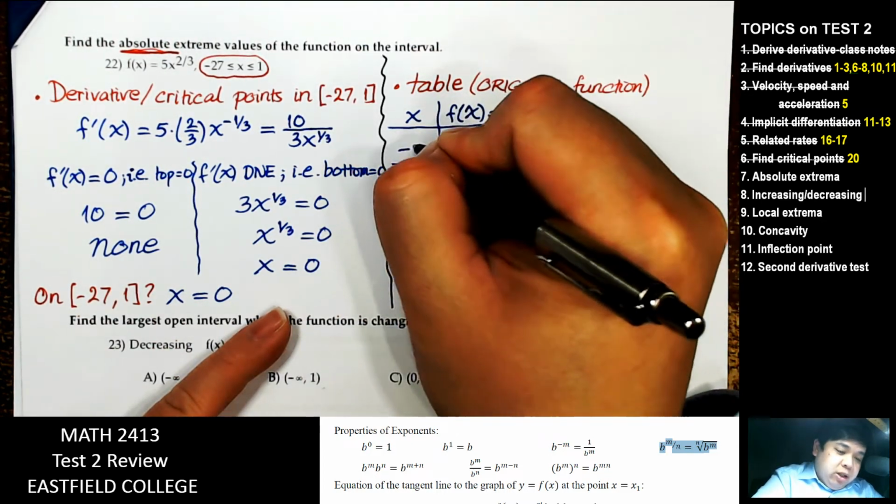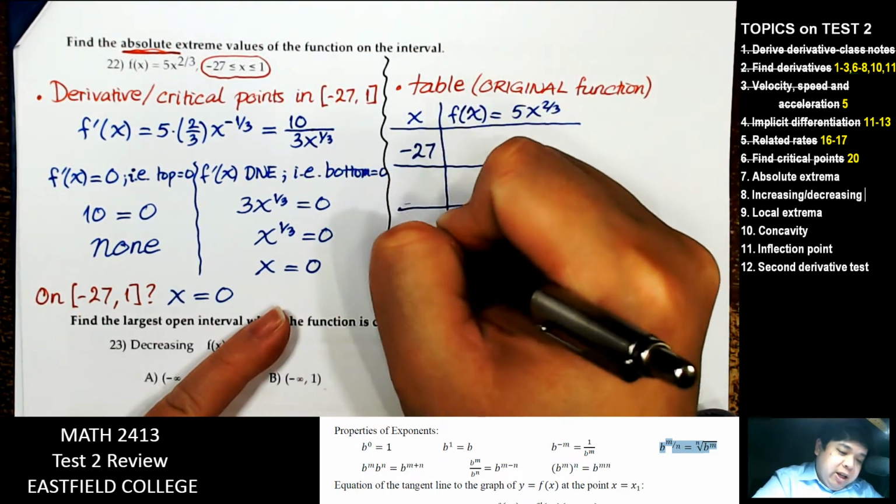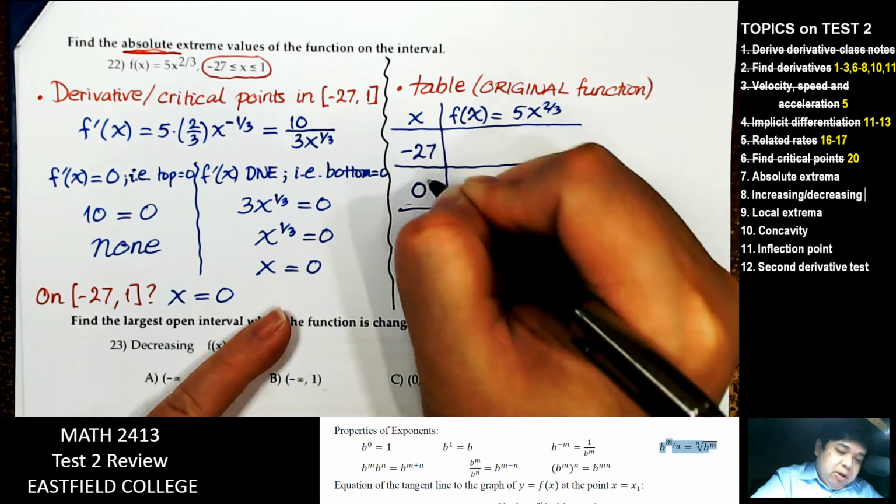We have the boundaries, negative 27 and 1, with the 0 in between.